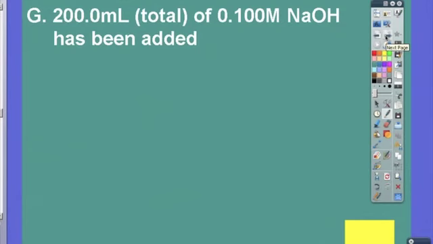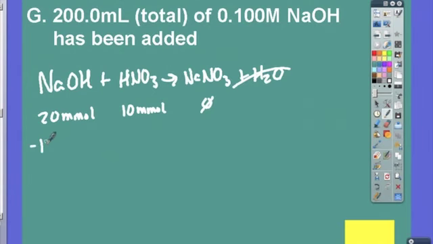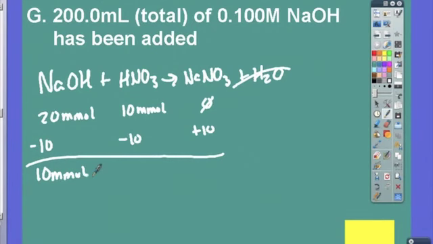Okay, finally 200 milliliters have been added. Go ahead and try this one on your own. Okay, you should have had 20 millimoles and 10 millimoles. 10 millimoles across, and then we have 10, 0, and 10.